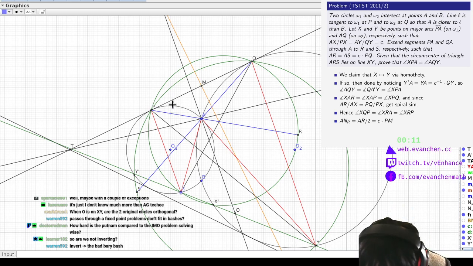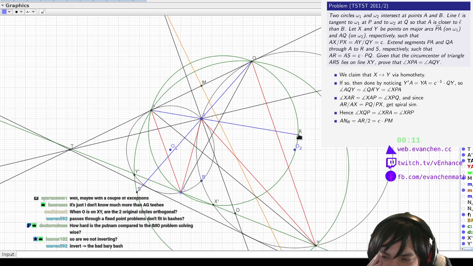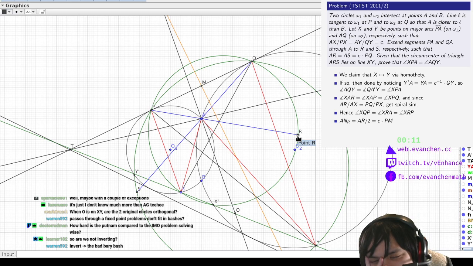But I just feel like there's something here. We have spiral sims that we haven't really used. We have this R. In so much as we don't know anything about O, we also really haven't used R at all. I'm very frustrated by this. I feel like I should be able to do something with this point R, but I don't see it at all.